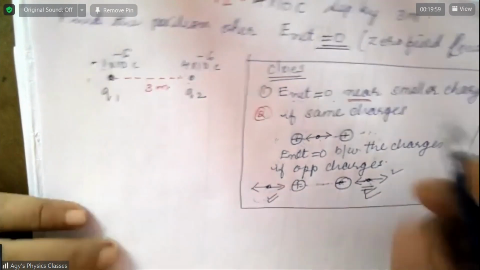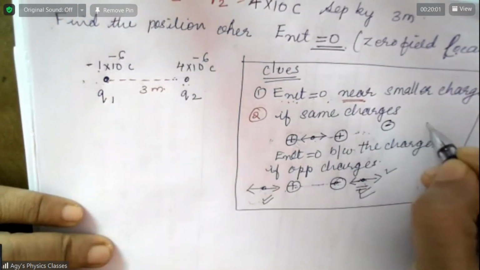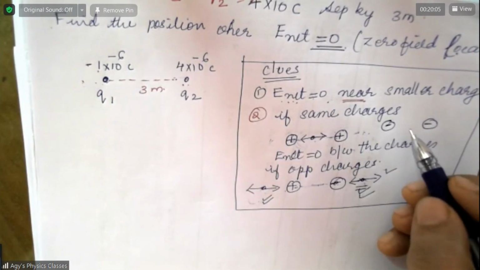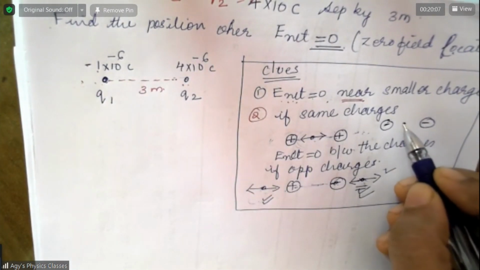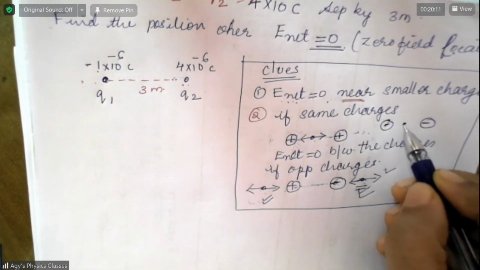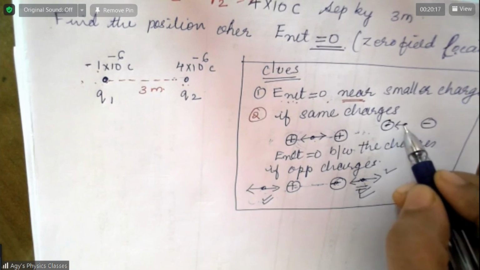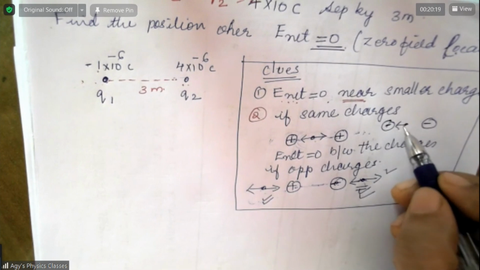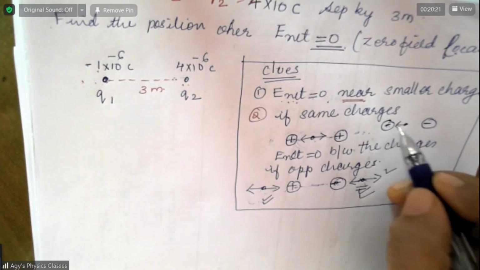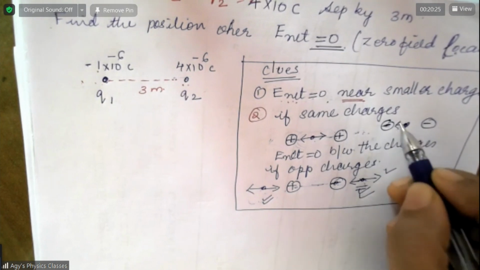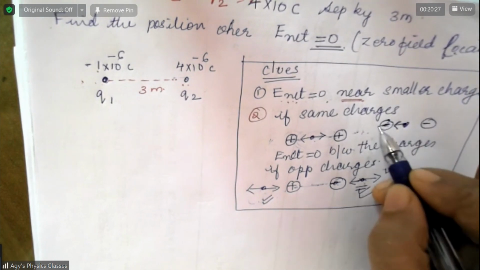Okay, let's do two negatives. Where will they be? Now here you find what is the force at this point you do to this one? This way. They are repelling, that's true. But the electric field at this point, electric field due to this negative at this point is towards negative.